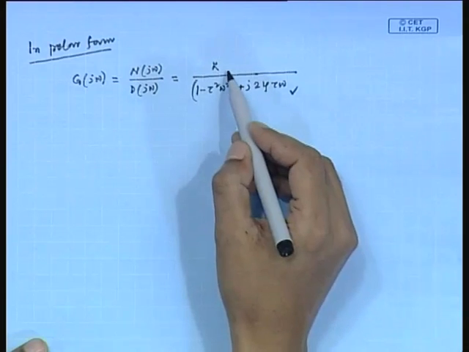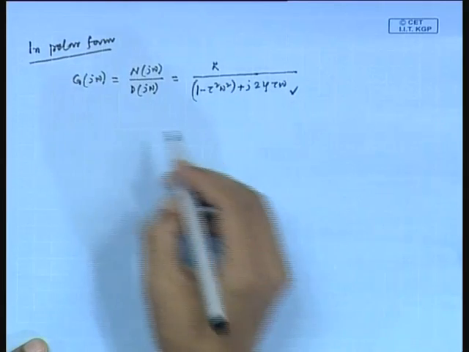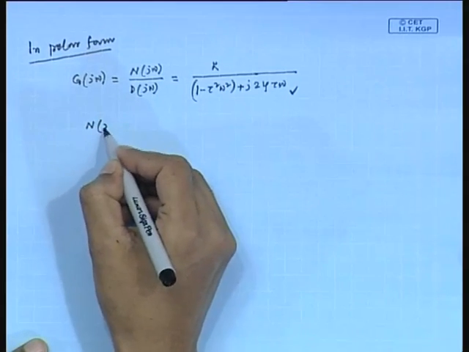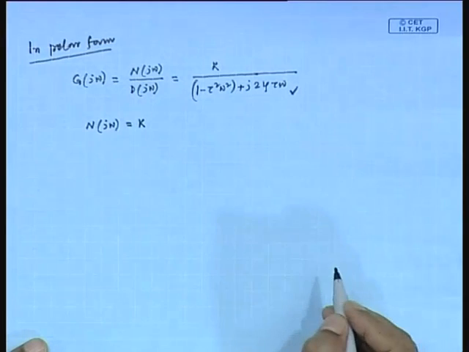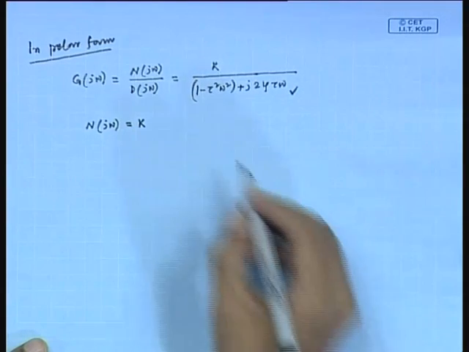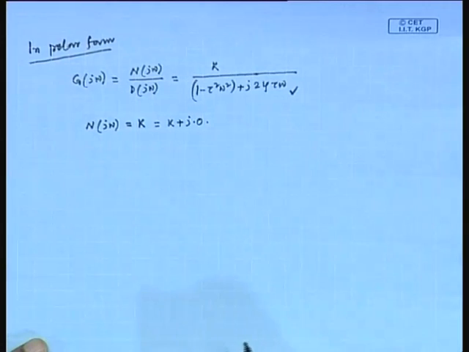Now, if this is the ratio of numerator term divided by denominator term, then obviously this numerator term is equal to k. So, we can write this as k plus j 0.